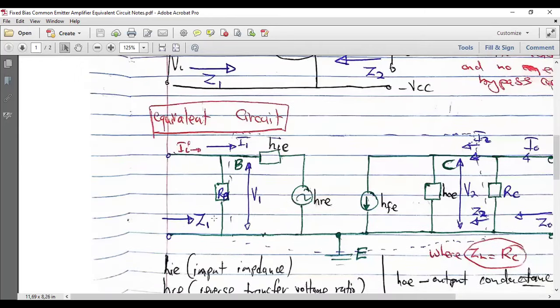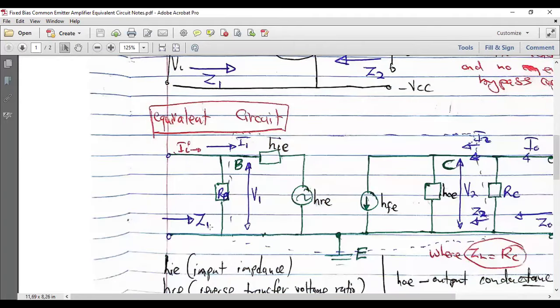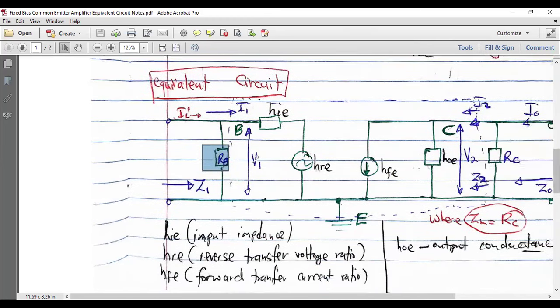You're going to be having Z1 here and RB, so they'll be in parallel, just like here we have RC and Z2. So here must have Z1, and the part of our Z in will be the parallel combination of those. It's only that here, guys, I left out Z1, and this is our Zi. So these two, your RB and Z1, in parallel.